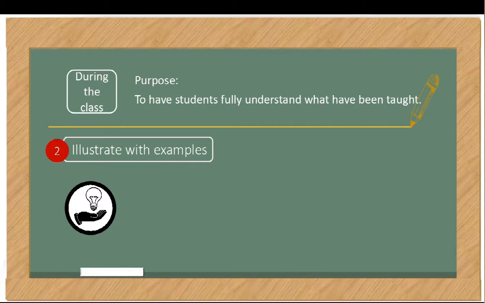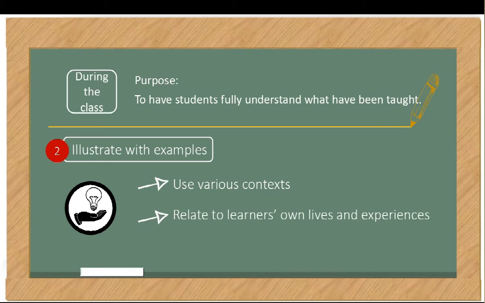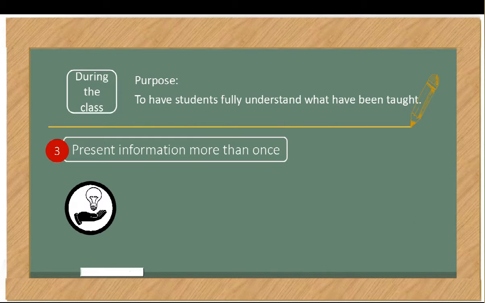2. Please illustrate with examples. For instance, you may explain a word's meaning with examples and various contexts. Also, present examples related to the learner's own life and experiences to help their comprehension. 3. Present information more than once.